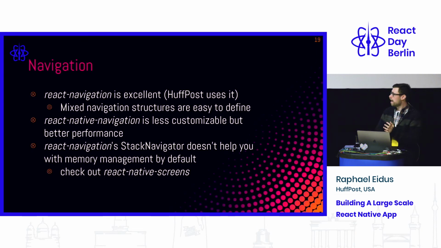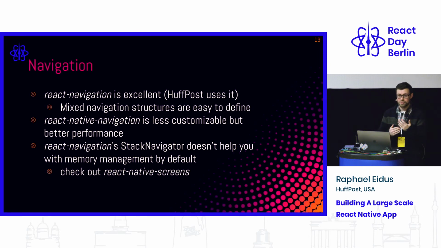For navigation, we use React Navigation. It's excellent. It's the all JavaScript solution to React Native navigation. React Native navigation is less customizable, but in general has better performance for free. You can have a lot of performance problems with React Navigation.